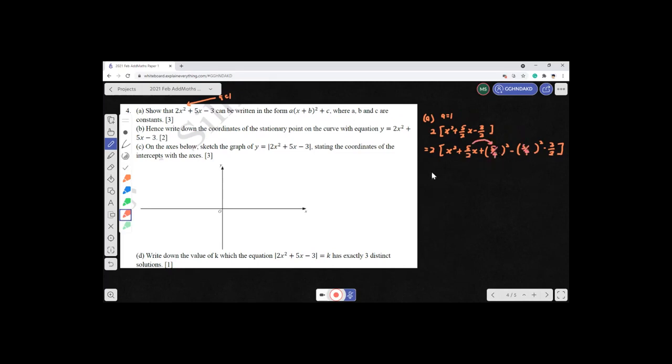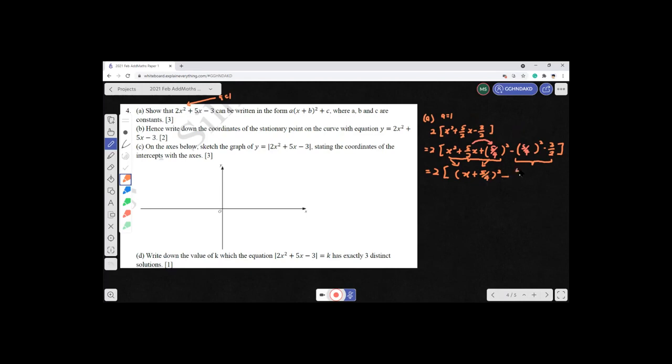And then you combine them back to the original form. Okay, so take down the x, take down inside. These 3 terms automatically will become like that: x plus 5 over 4 squared, minus, use your calculator for the back part, minus bracket 5 over 4 squared minus 3 over 2.